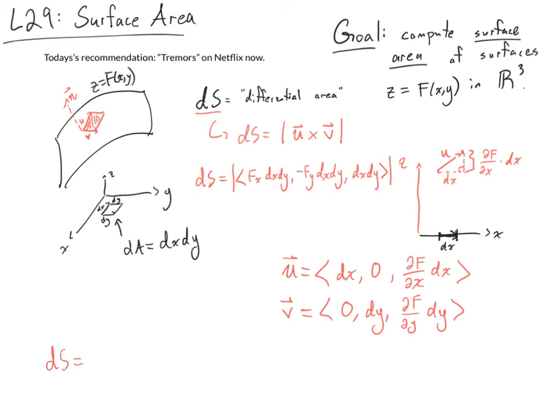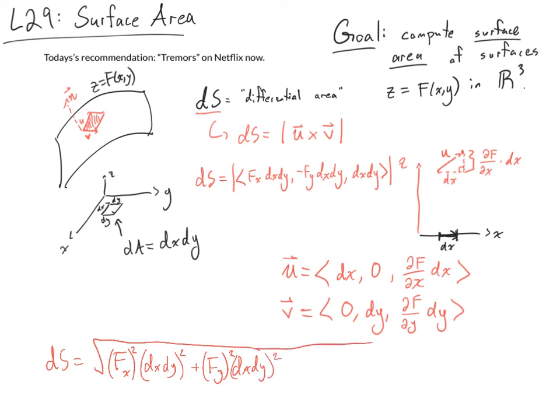So when I take that absolute value, I end up with the square root of (fx dx dy) squared plus (fy dx dy) squared plus (dx dy) squared.